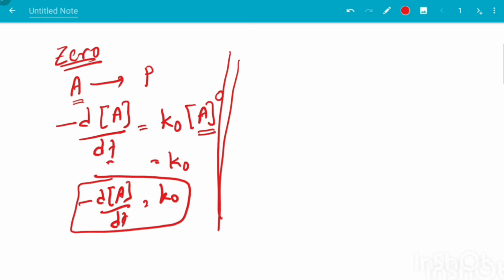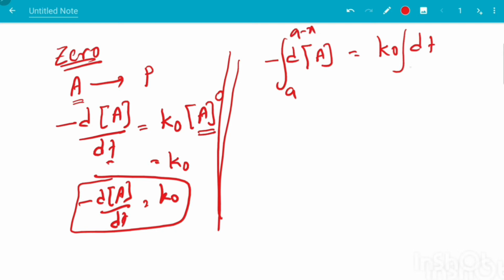Then upon integration, minus dA equals k naught into dt. Integrating both sides, the limits are A to A minus x, and the time limits are 0 to t.